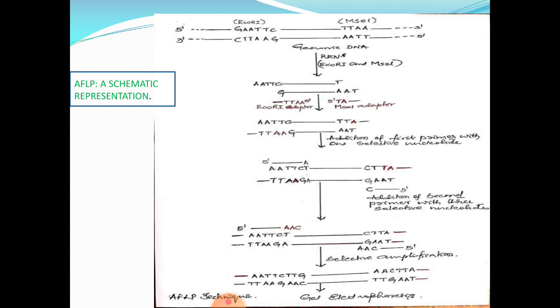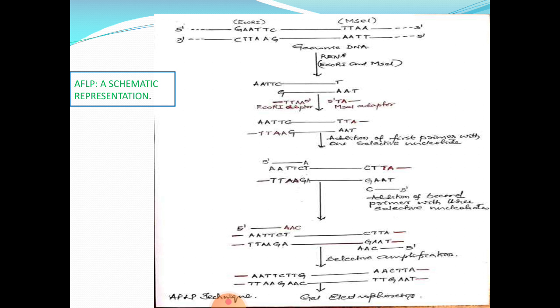On the other side you have the recognition sequence TTAA, which is the recognition sequence for the restriction enzyme MseI. Thus, EcoRI has a recognition sequence of 6 base pairs, whereas MseI has 4 base pairs.